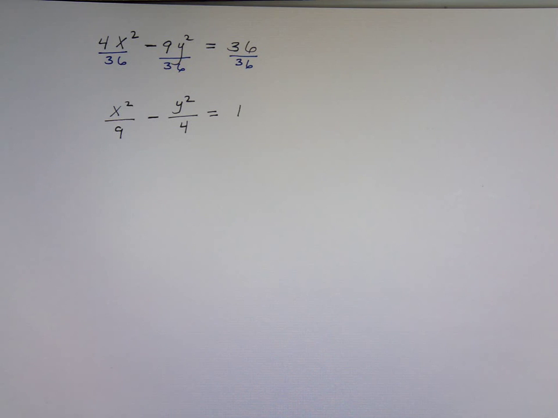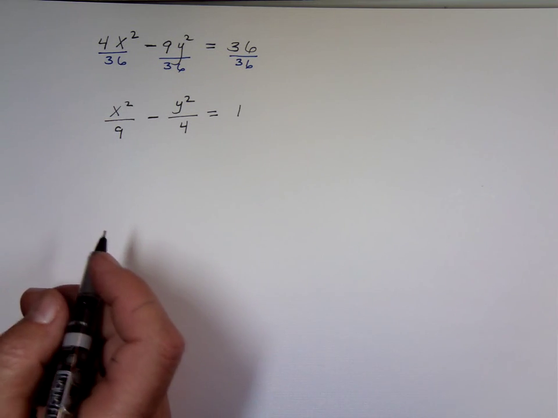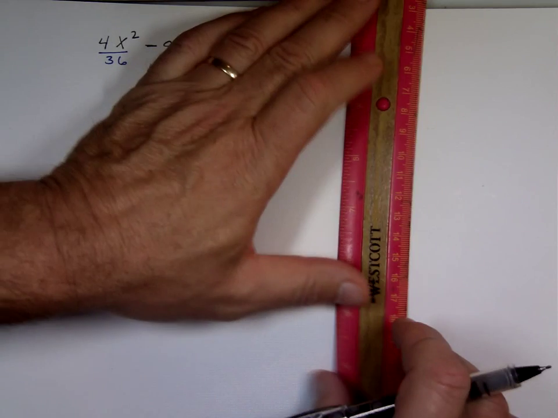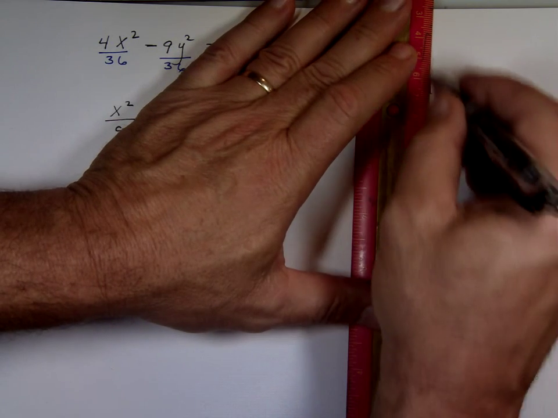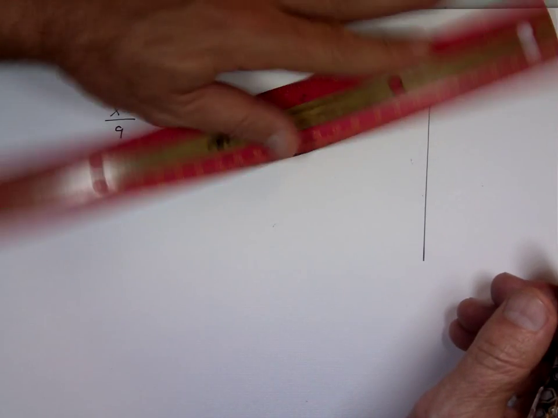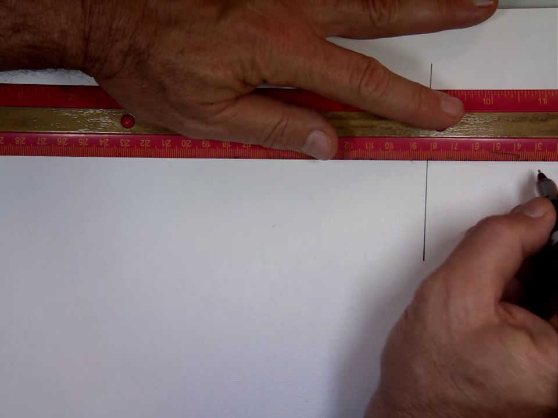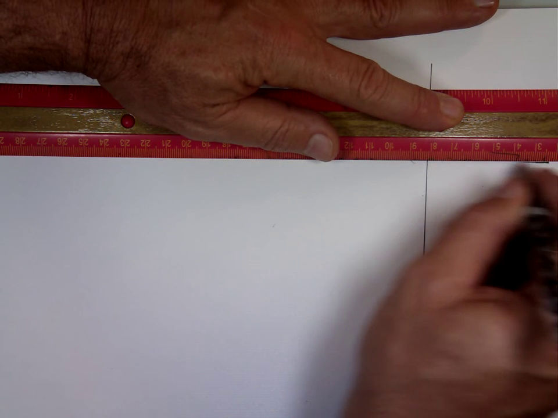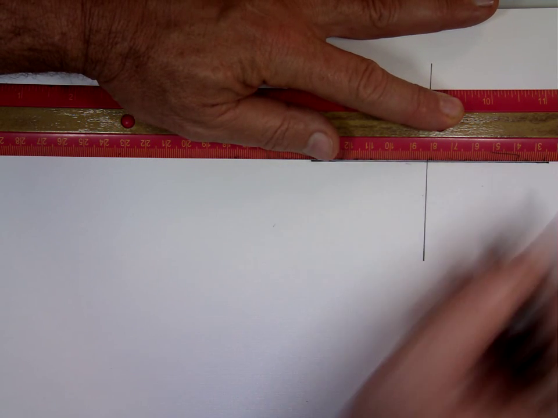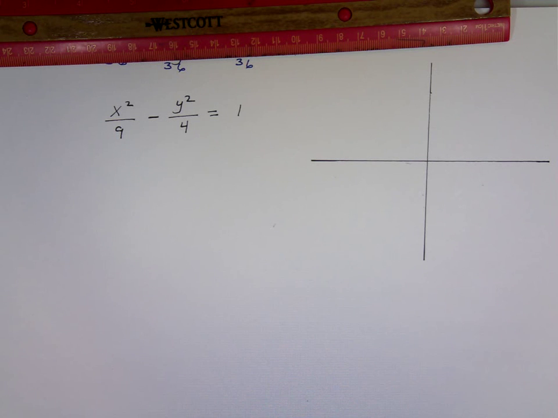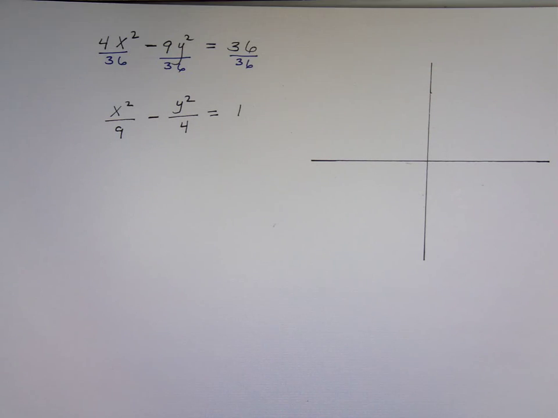Now that matches the standard form. We know it's going to cross which axes? X-axis. Notice the center is where? At the origin. For the ellipse, the parabola, and the hyperbola, we've been dealing with the center of the origin. In the next section, we're going to change that. In the next video, we're going to make the center anywhere.